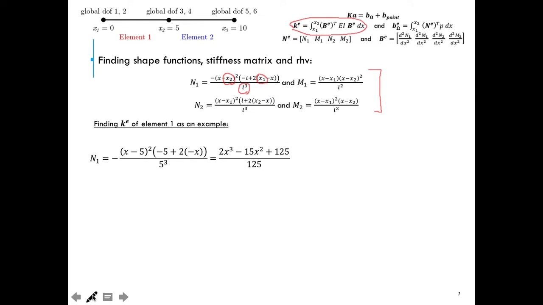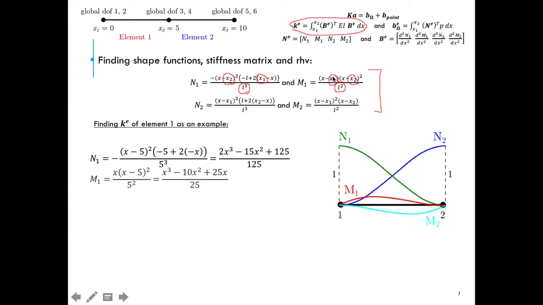Similarly, now let's look at M1. Inside M1 also I have my nodal positions x1, x2 and L. So again, I just need to substitute those in here. So x minus x1. What is x1? x1 is 0, so it just turns into an x, multiplied by x minus x2.